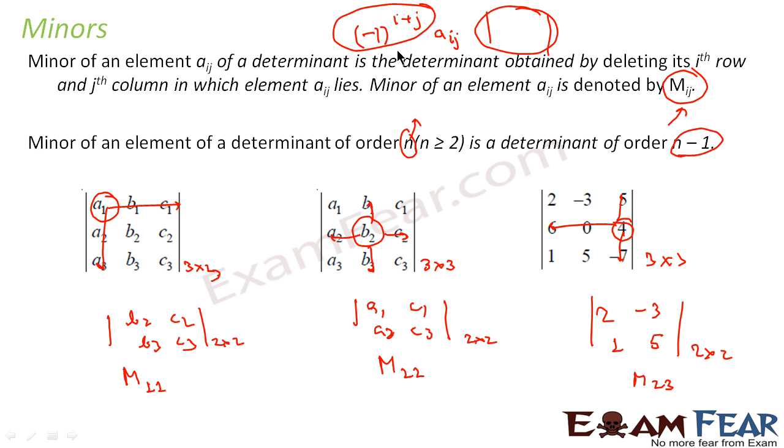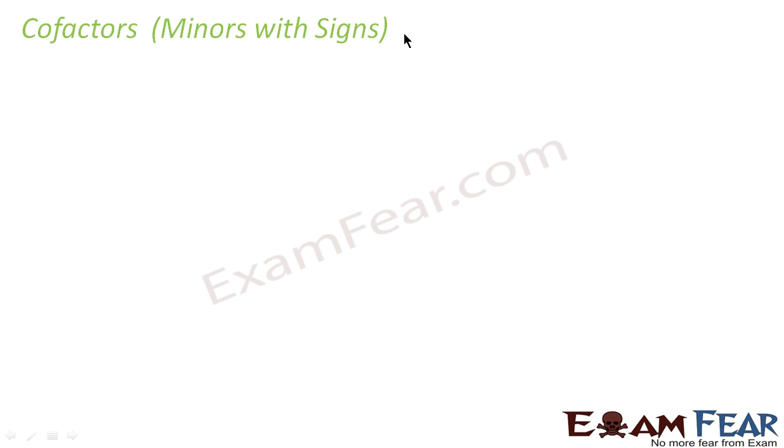It will be considered in a new term called cofactor. Cofactor is nothing but a minor with the sign. The one I told you, minus 1 to the power i plus j, and aij into the determinant, is how we used to find the determinant. If you're not understanding this, please watch part 2 of the series, where I've explained how we use this. So this sign part was missing in the minor and it is included in the cofactor.